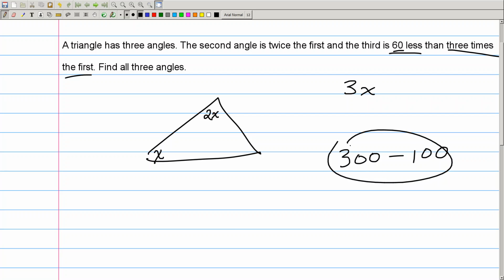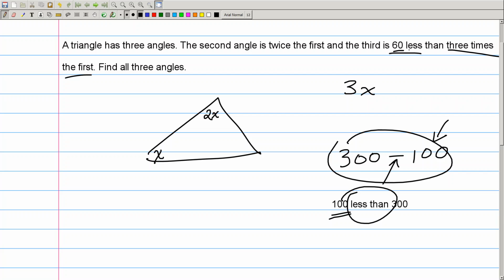So this statement can be written in words as 100 less than 300. Notice the terminology. If you see the words less than, that means you do a subtraction sign, but the order is actually switched. You see 100 first in the statement, but you write 100 second in the mathematical expression. The order actually matters here.